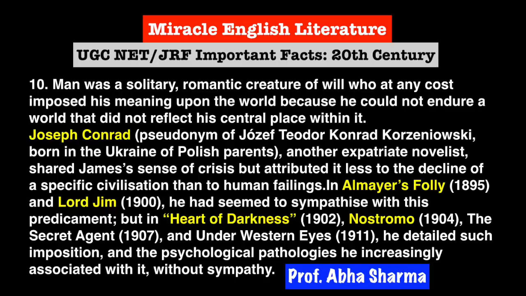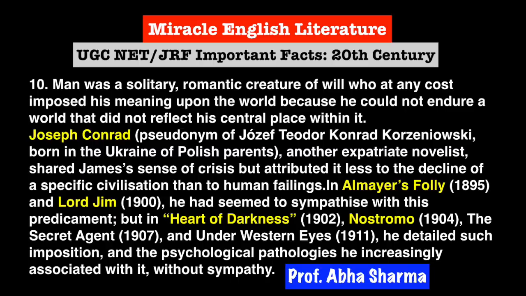Joseph Conrad, who was born of Polish parents, was another expatriate novelist. That means he remained out of his birth country all the time. He also shared Henry James's sense of crisis, but attributed it less to the decline of a specific civilization than to human failings.